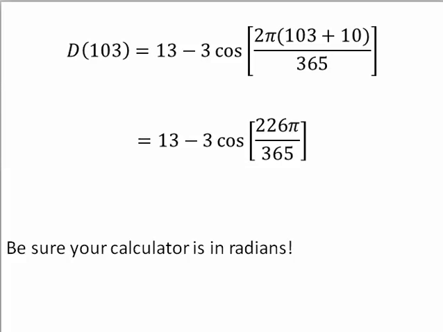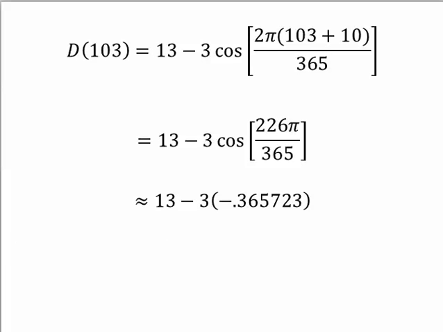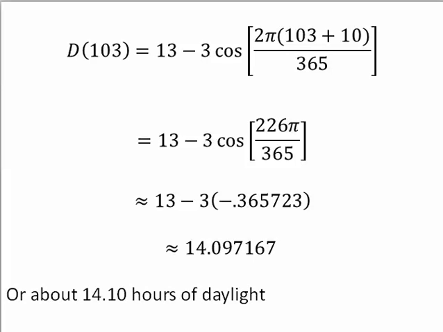After I do that, I make sure that my calculator is in radians. And then I find the cosine of my angle, multiply it by -3, and add 13, and I get about 14.10 hours of daylight.